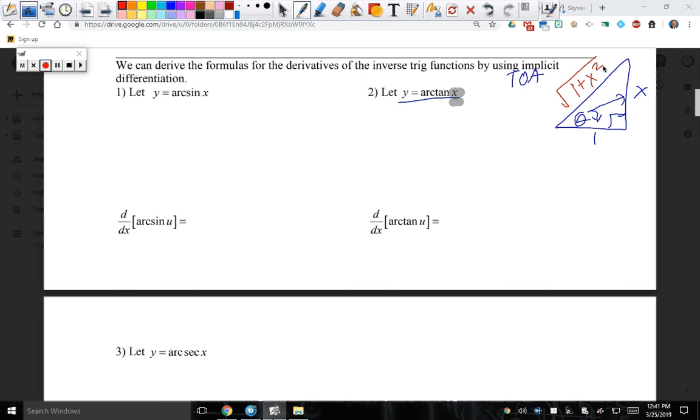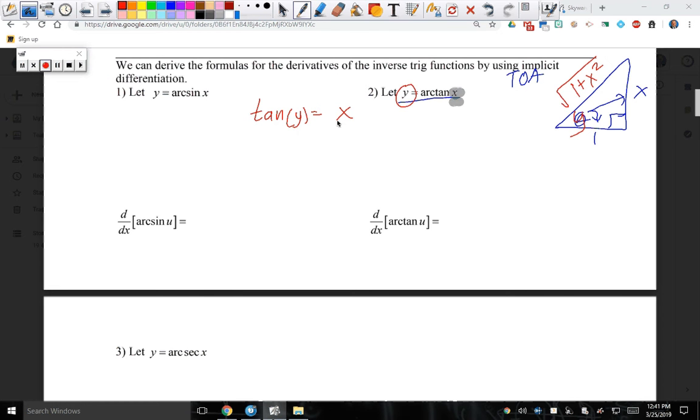If not, you've got to ask me as we go through it. What does y represent again? Theta. So if you want to put y here, go for it. What am I going to do to both sides? Take the tangent. So the tangent of y is equal to x, because the arctangent and the tangent cancel.